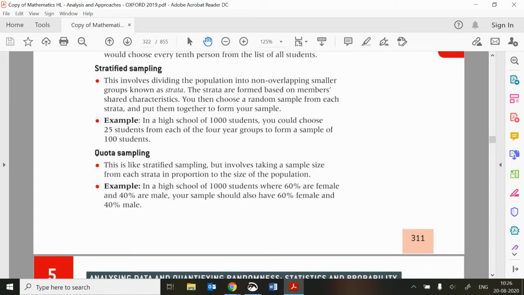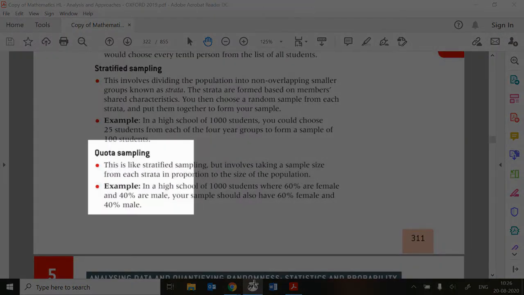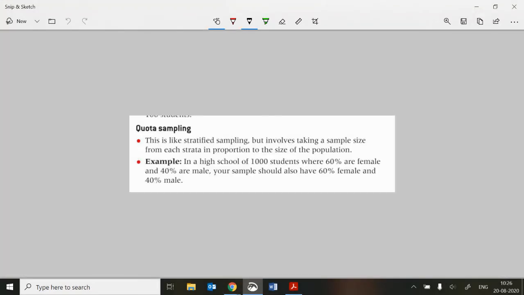But then there's also a little extension to that, which is quota sampling, and that's pretty much the same, except instead of us saying, well, we really want to know what's happening in year 7, what's happening in year 8 and year 9, we actually just want to know generally what's happening. And we know that we have half the number of students in year 7 as we do in year 8.